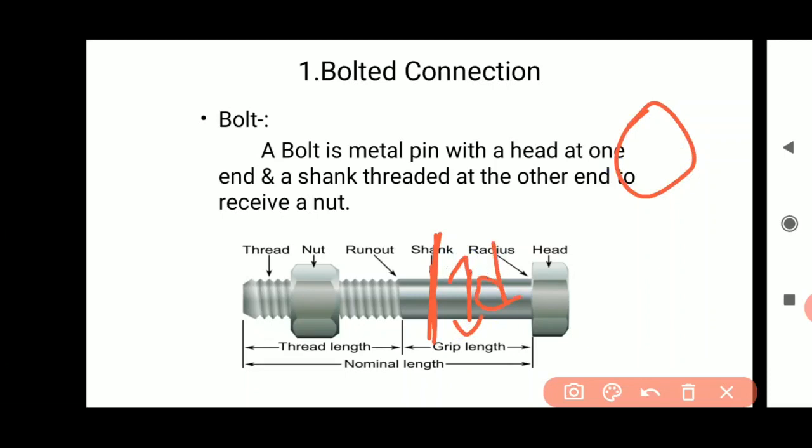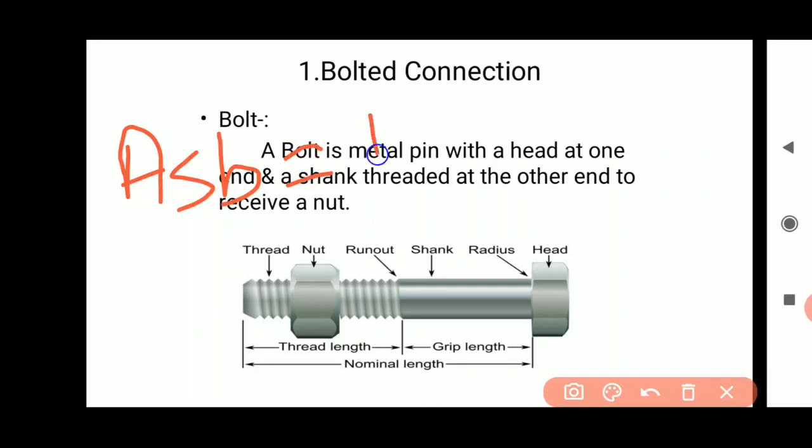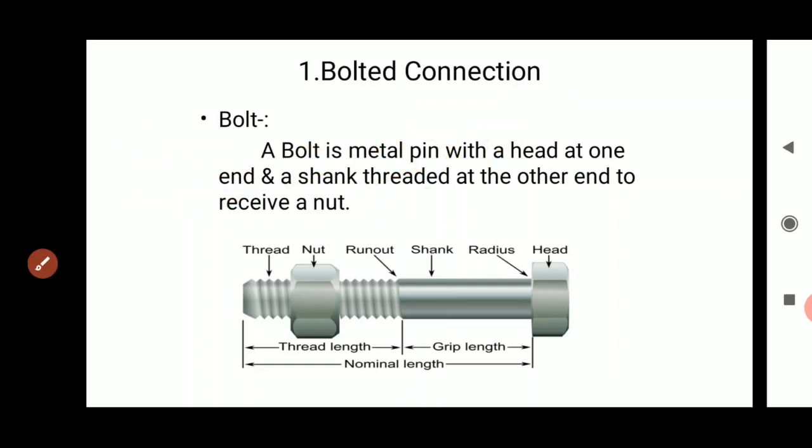Let the shank diameter be D. The cross-sectional area of the shank part of the bolt will be pi by 4 into d square, as the cross section is circular. Due to the presence of the thread, the diameter of the threaded part will be less than that of the shank part.